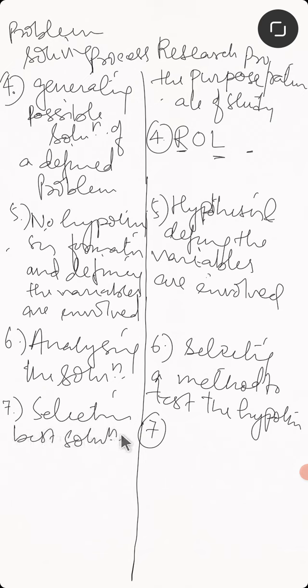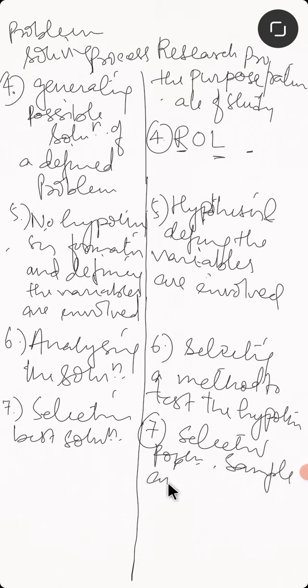But in the research process, you are selecting population, sample, and setting, for data collection.